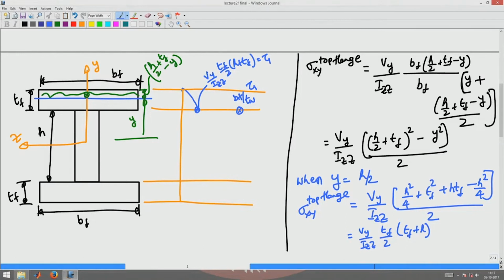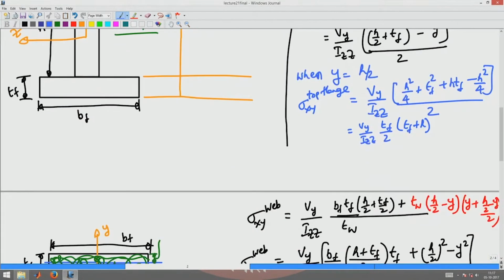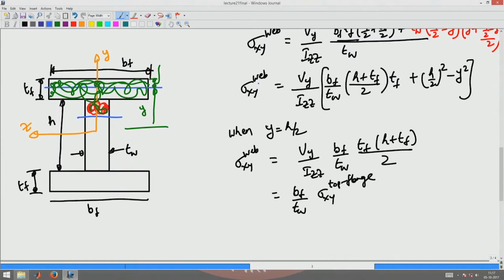Okay. Now, where does the maximum shear stress occur in the web? Maximum shear stress occurs in the web at y equal to 0, that is at the neutral axis location. Okay.